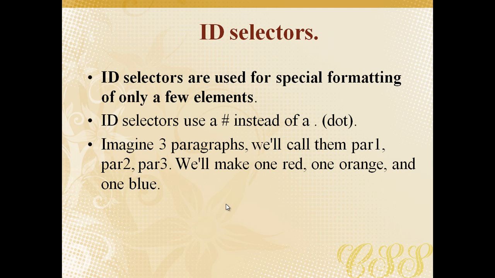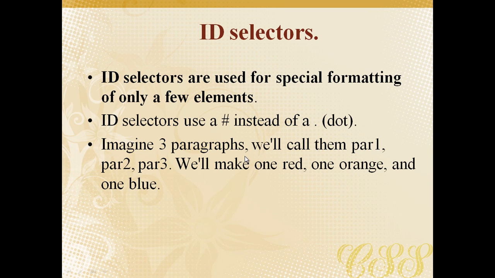Now we'll see a different type of selector which can be called an ID selector. It is used for special formatting of only a few elements. So these ID selectors use a hash instead of a dot. Remember, the class selectors start with the dot and ID selectors start with the hash.